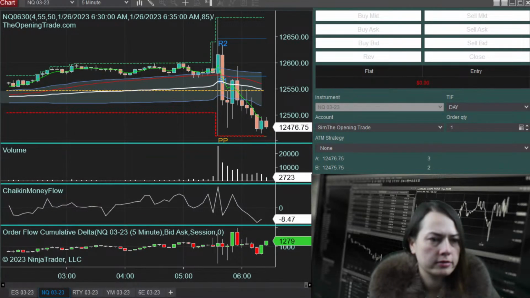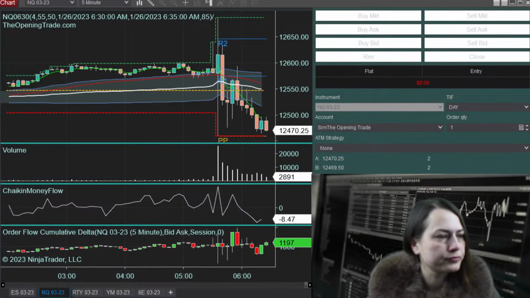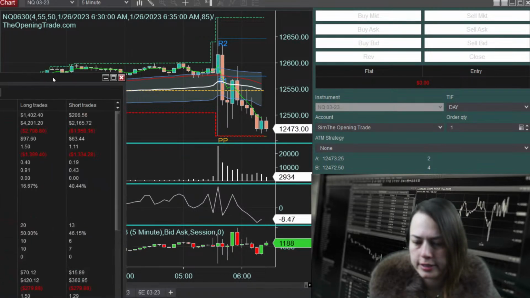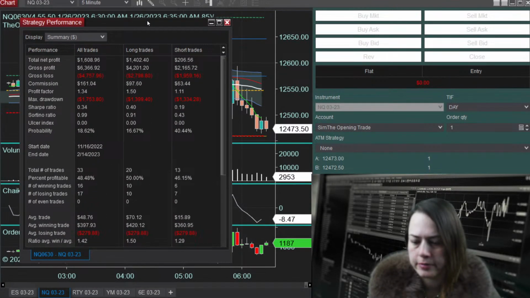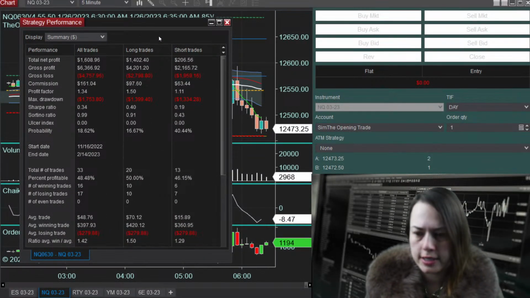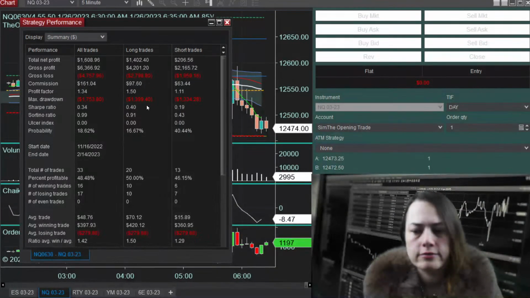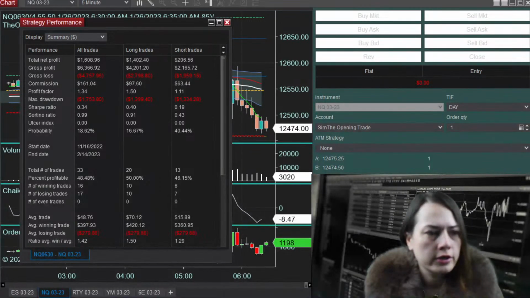Everything is, it's not loading the real and historical. Oh, no, everything before was empty. All right, so first one here is going to be for the NQ, which is the NASDAQ futures. Here you see the 90-day date range, the max drawdown, the gross loss, gross profit, total net profit.